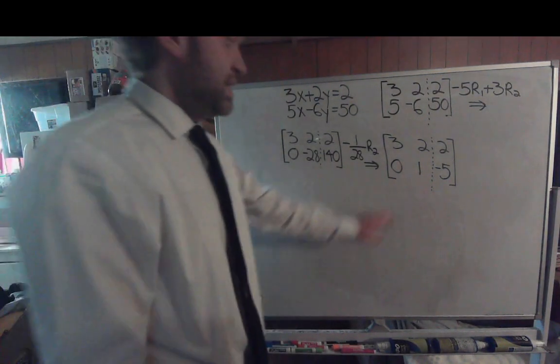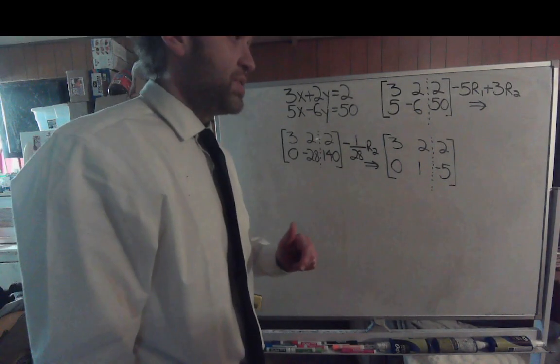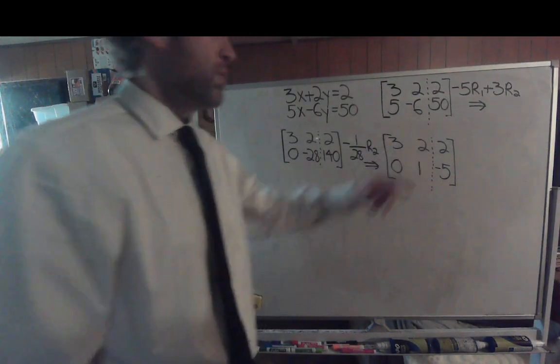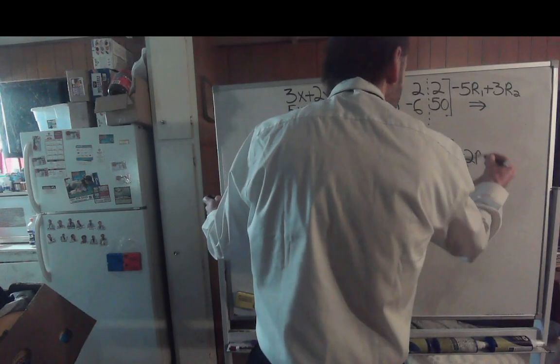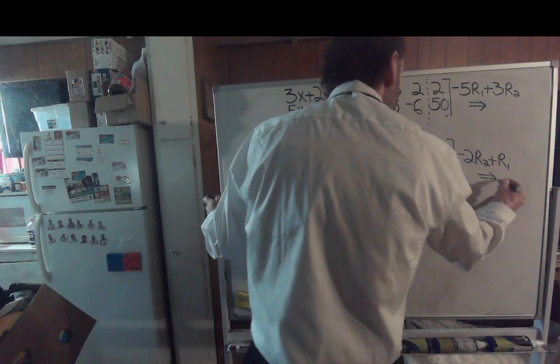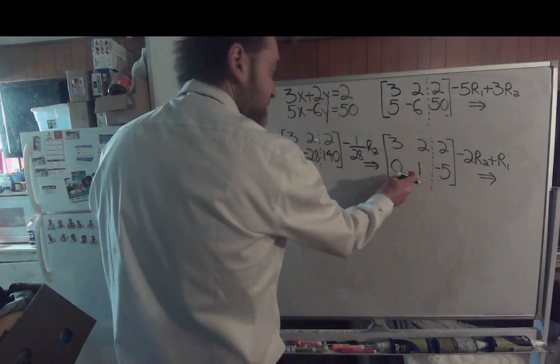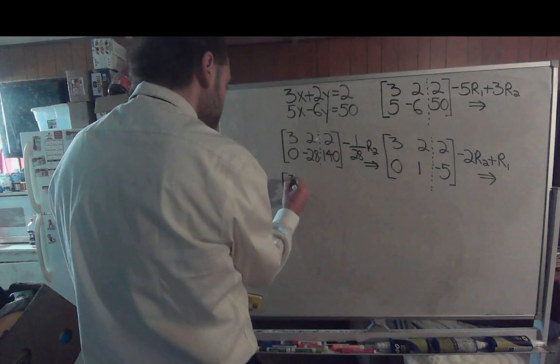Alright, so the leading digit in the second row is a 1. Next thing we have to do is make the second digit in the first row a 0. So if I take negative 2 times row 2 and add that to row 1, I can make that happen. So, alright, negative 2 times 0 is 0, plus 3 is still 3.